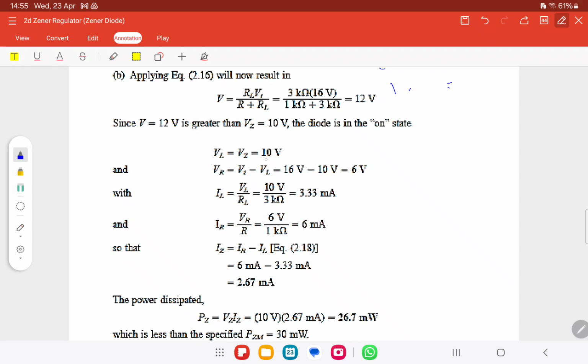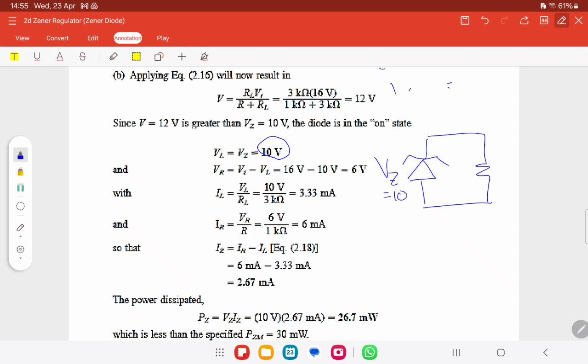Okay, so once this is on, when it is on, we use the value of the VZ given. Kita tak pakai dah value of the RL tadi tu, value of the VL. Okay, so when it is the Zener diode, this is the resistor given.